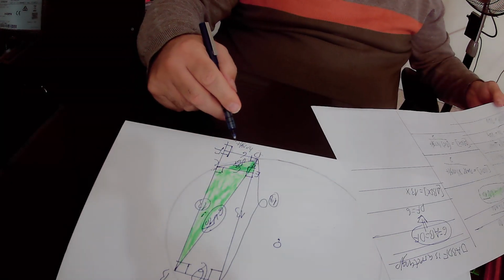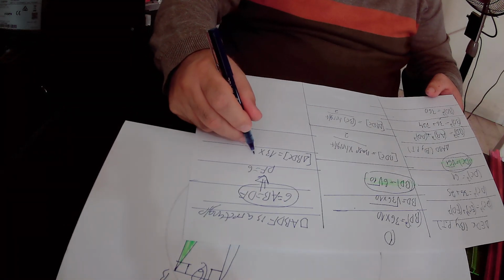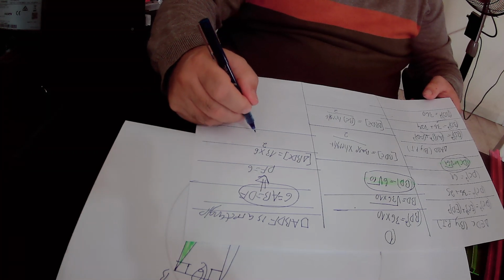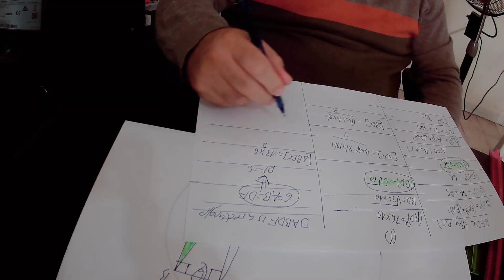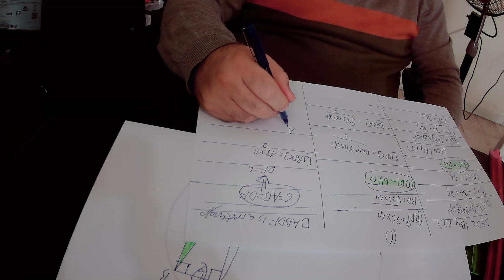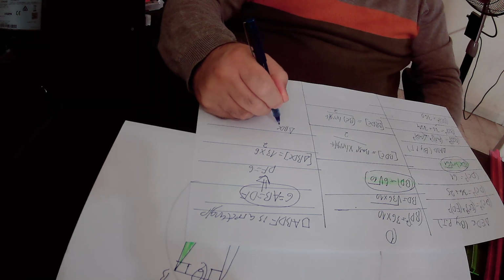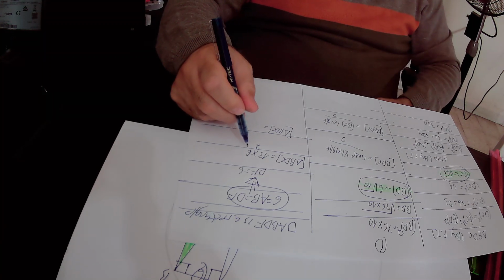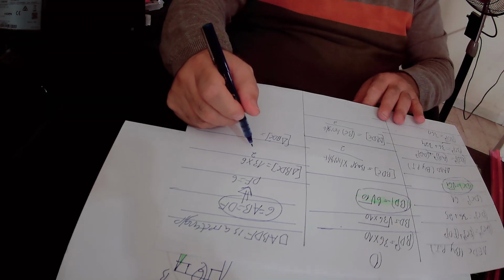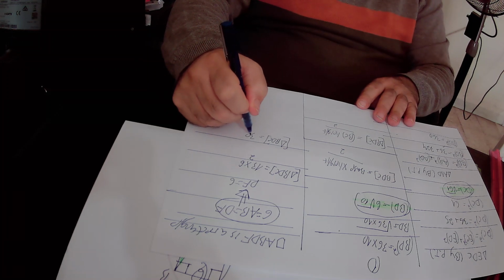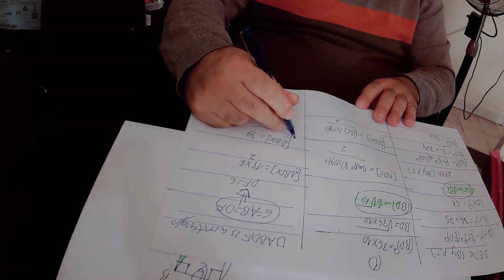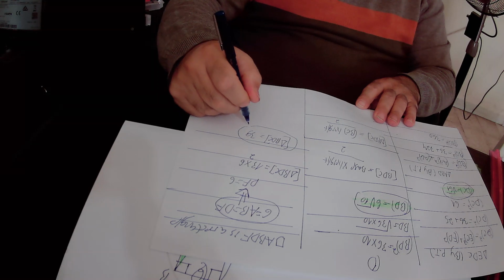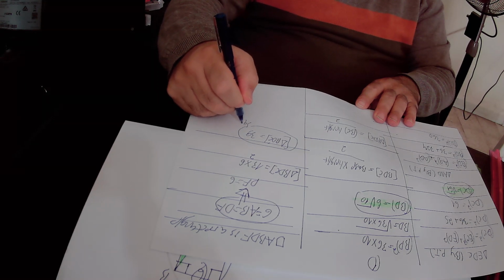The height of the base is equal to 6 units, over 2. So the area of triangle BDC is equal to 6 over 2 is 3, and 3 times 13 is 39. The area of the green triangle BDC equals 39 square units.